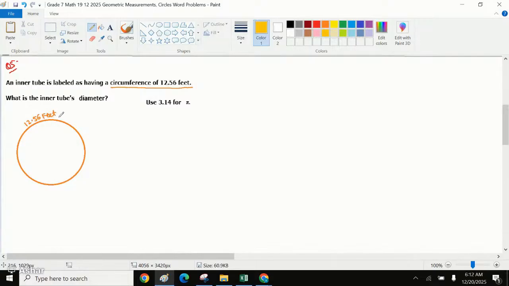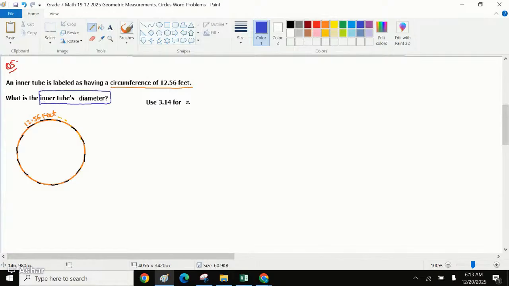I'll make a dotted line next to it. This outer length, I'll make dots with different colors. So this is the circumference. One complete round, the outer ring, is known as the circumference. The circumference is given to us. What we need to find is the inner tube's diameter.